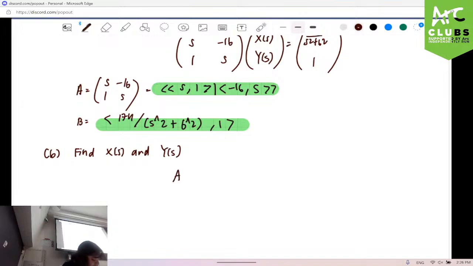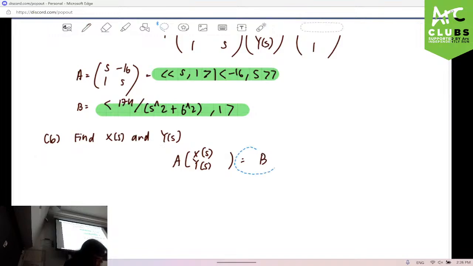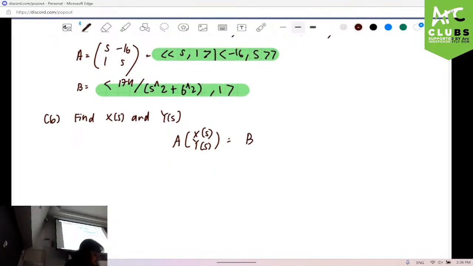So A X(s) = Y(s) equals B, right? One way we can rewrite this is like that. So what we can do is multiply both sides by A minus 1. I'll use a different color for that.